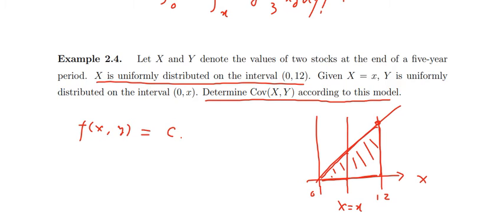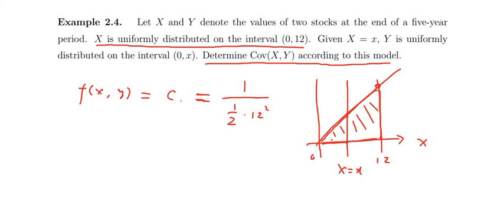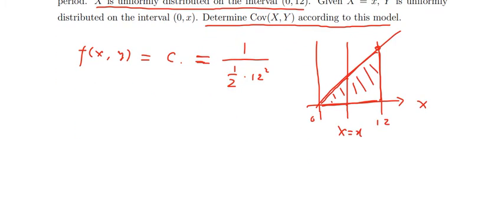By now we can find this c. So we can easily find this c. The constant c is equal to 1 over the total area. The total area is 12 times 12, half, so half of 12 squared, right? Okay. By now the problem is easy. Let's say find the covariance.